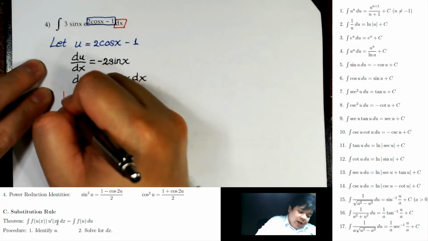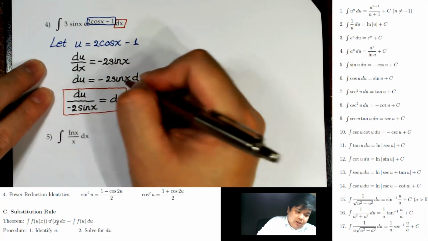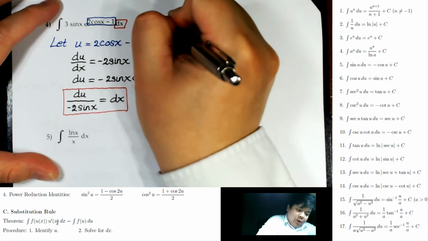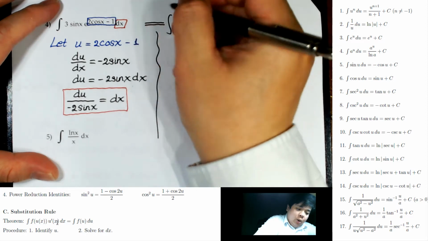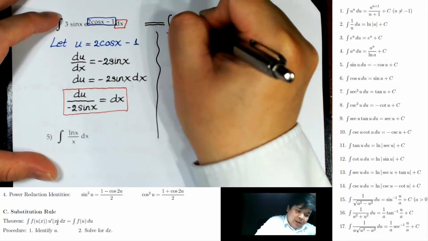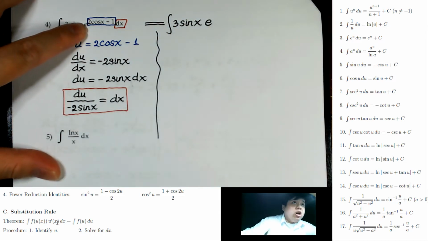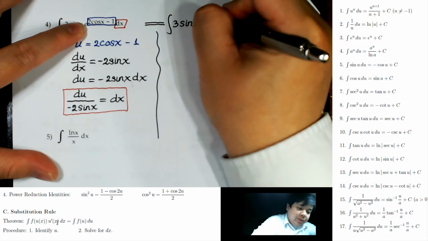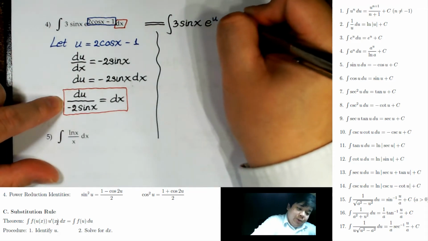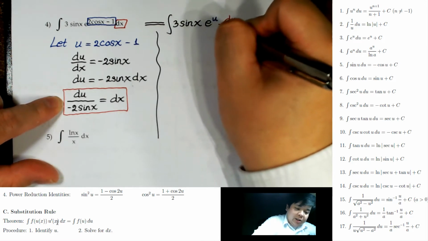And we found dx. We will substitute back into the original problem. We still have 3 sine x, and then the exponent is going to be u. dx is du over negative 2 sine x.